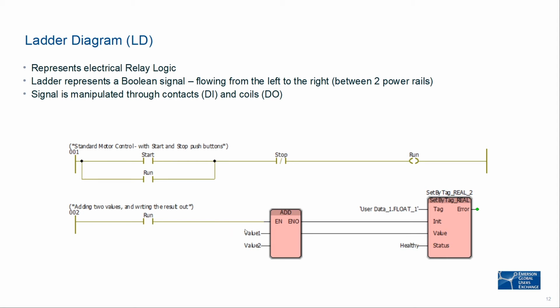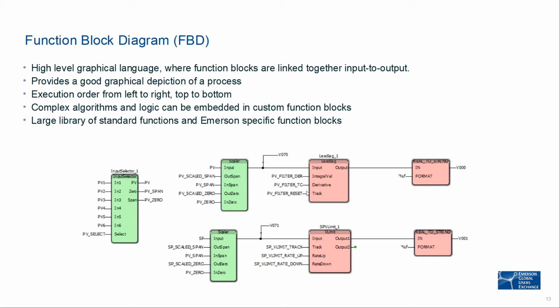And within FBX Designer, you can combine ladder logic with these function blocks, which are these red blocks in the bottom. Which brings me on to the next slide, function block diagram. In function block diagram, you have functions represented by these physical blocks, which take in inputs on the left and then output on the right.